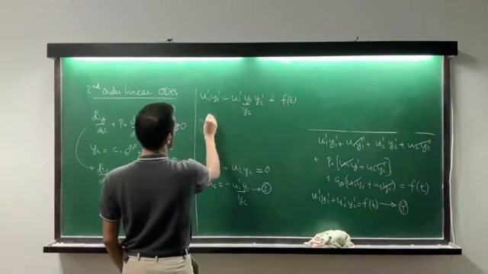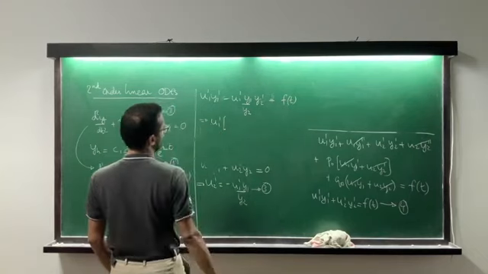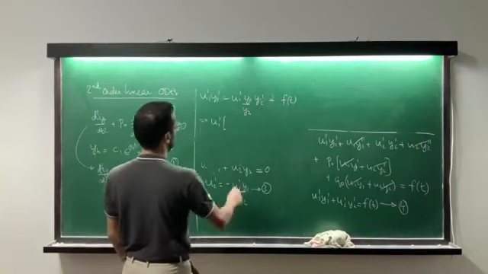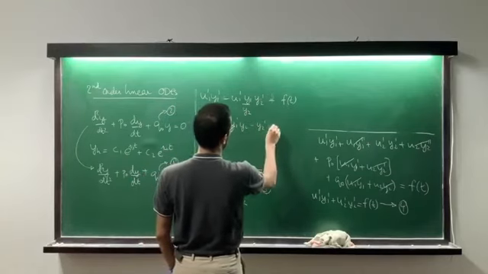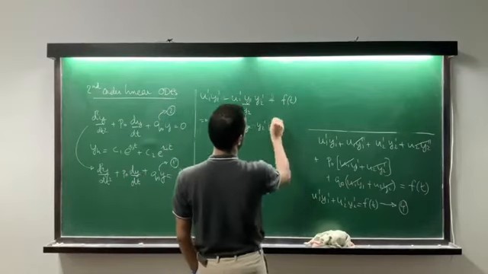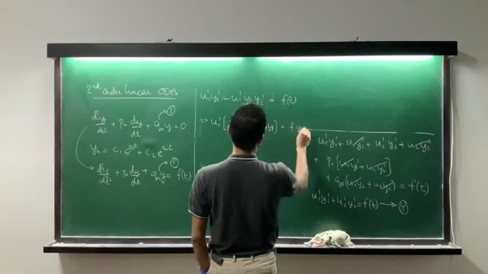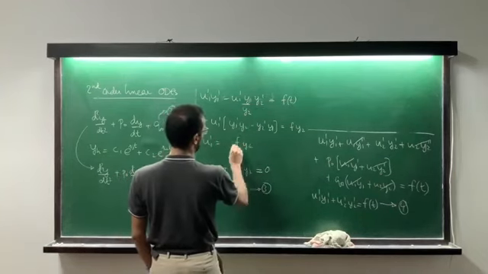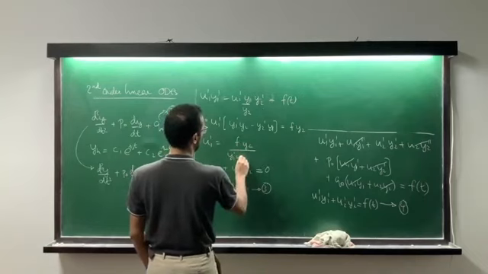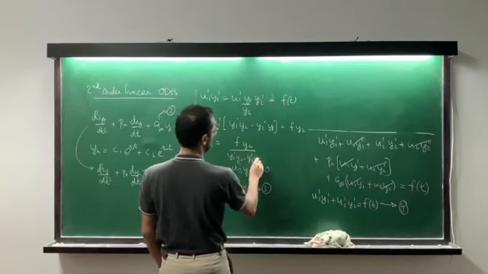So if I take out u1 prime common to both, then y1 prime y2 minus y2 prime y1 is equal to f times y2. So now I have u1 prime is f y2 divided by y1 prime y2 minus y2 prime y1.